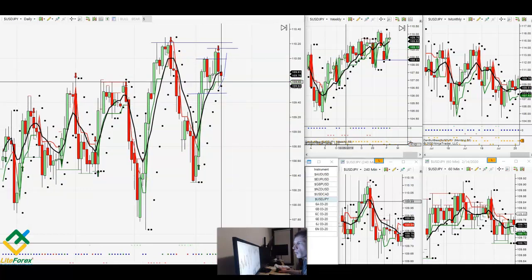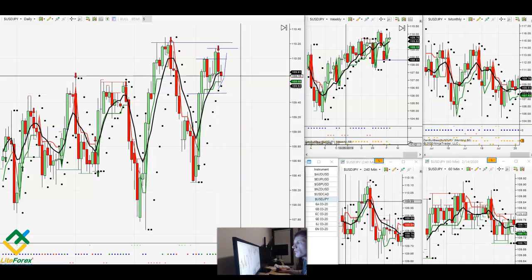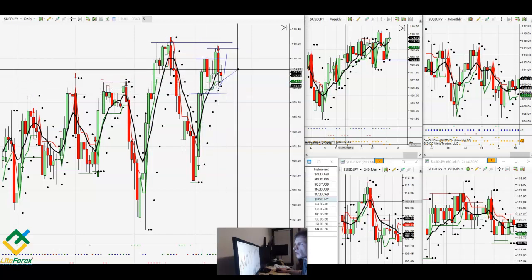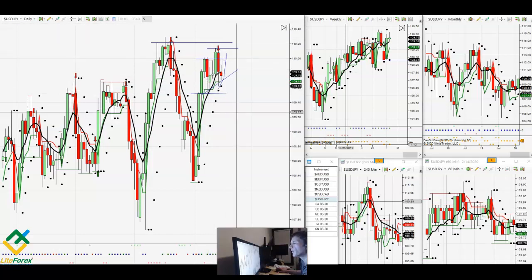Of course, if it breaks through this support at 109.52, then we'll look for more of a bearish pullback. But as of right now, the pattern is breakout, pullback, breakout, pullback. It's holding these trend lines. It's holding support. Let's see if it continues that upward momentum.